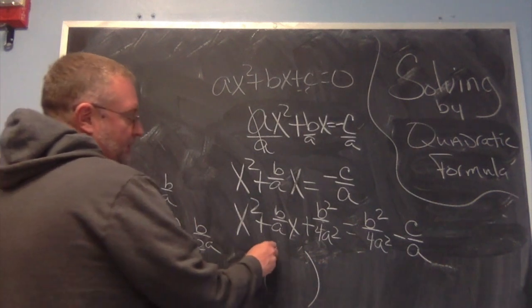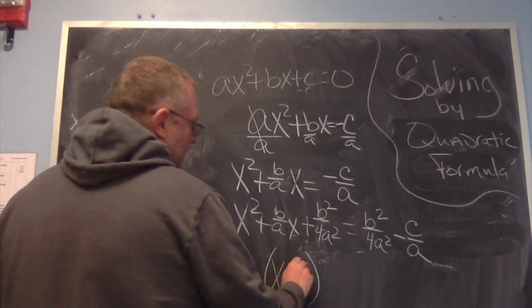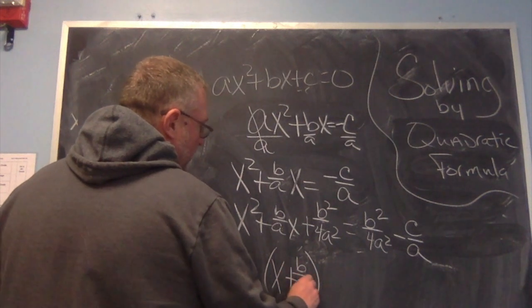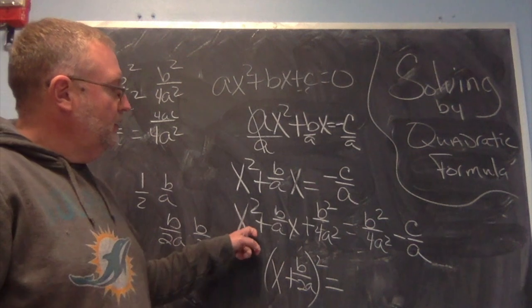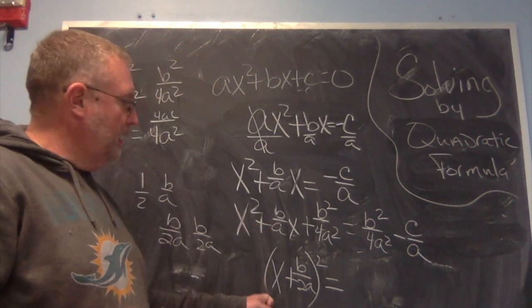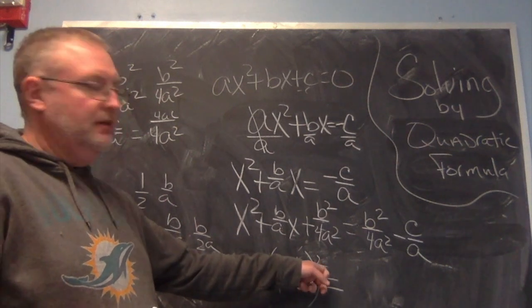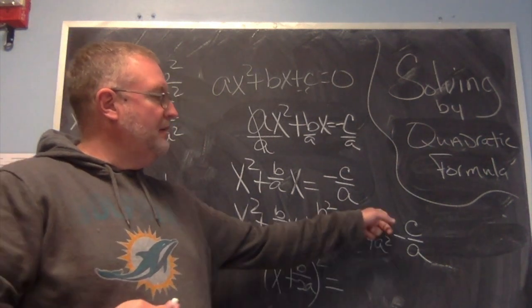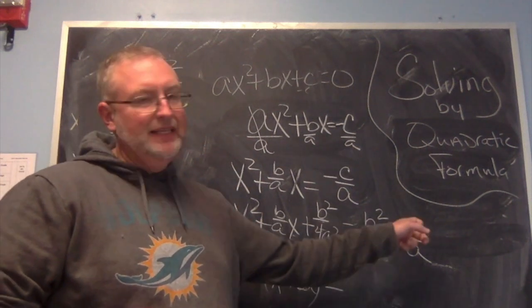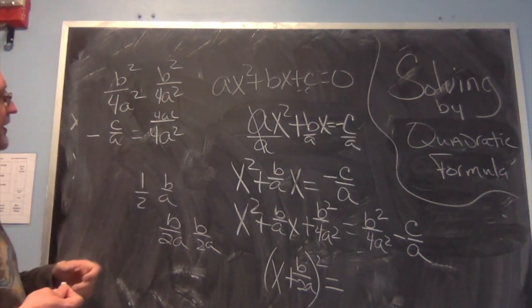So this is equal to x plus b over 2a, squared, equals... so when I break this down, it has x plus b over 2a squared. I know that's factored down to a perfect square. Over here now I had b squared over 4a squared minus c over a. So I have to work that out, look what we did over here.